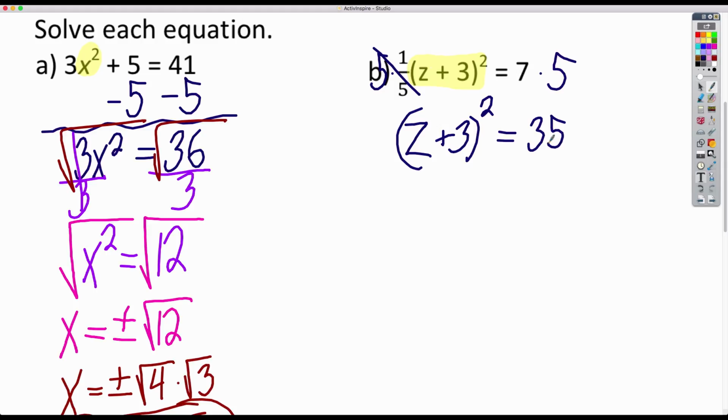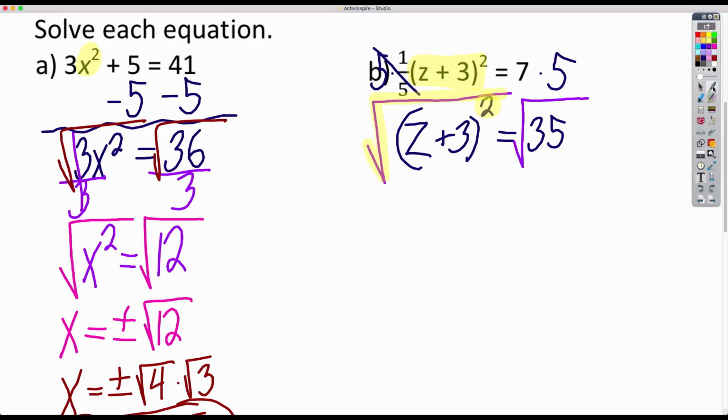Now we can use the square root tool to get rid of that squared. So we can square root this entire thing, but then we have to do the other side, and we get the plus or minus automatically on the right side. And so this square root this time gets rid of that, but we're left with the z plus 3.